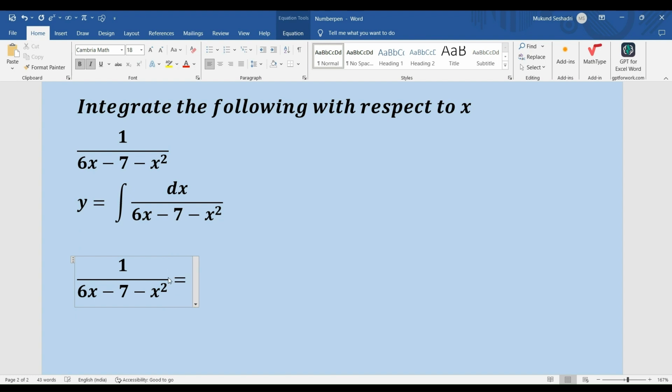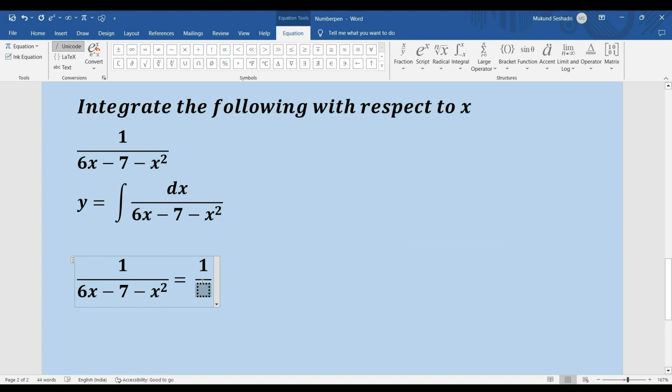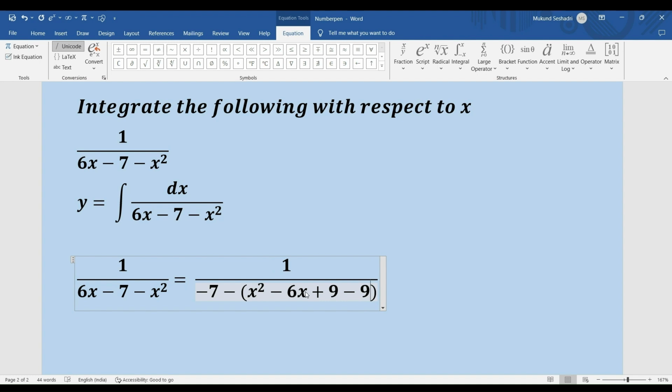So let me rewrite this as 1 divided by minus 7 minus of x square minus 6x, right? Now, all that I will do is add a 9 and subtract a 9, right? Why is that? Because x square minus 6x plus 9 is nothing but x minus 3 the whole square, right?